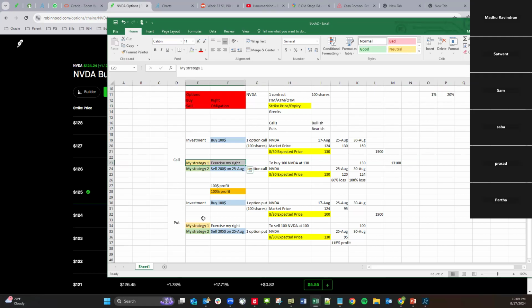This particular strategy comes into play. For example, in this case, you need at least 1,300 capital, and in this case, you need at least 10,000 capital, right? So if you are trying to sell, there are trading accounts which will block you from doing it if you don't have this much capital.